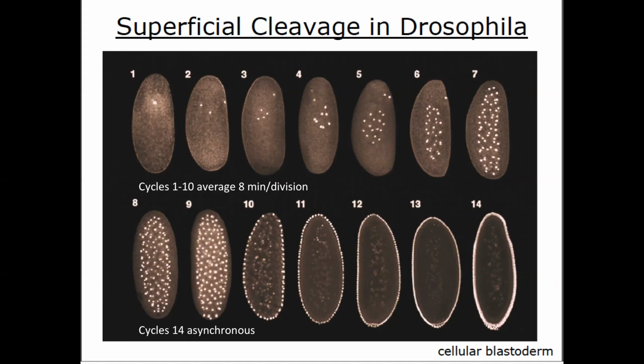The first few divisions in Drosophila are just superficial, meaning that the nuclei divide. The nuclei undergo S and M, synthesis and mitosis, but there is no cytokinesis, meaning there are no cell membrane based divisions.